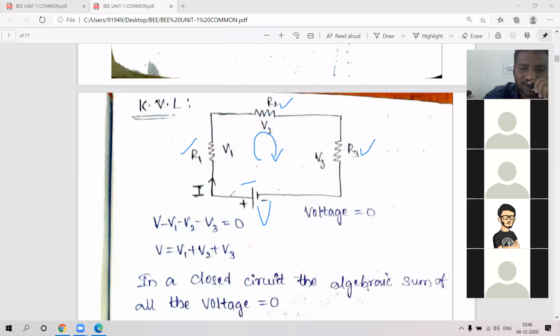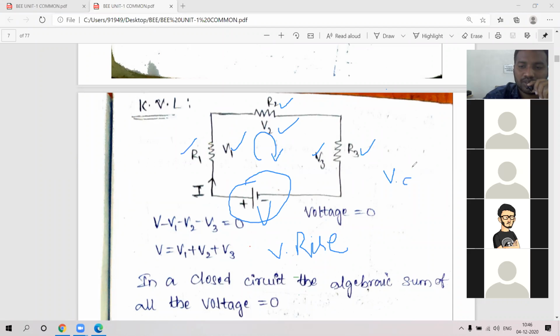Here plus and minus is there, no? This is voltage rise. Voltage rise means the energy delivering element, and the remaining elements V1, V2 and V3 are voltage drops.